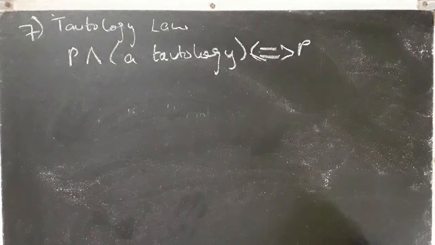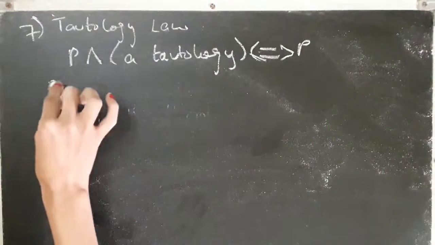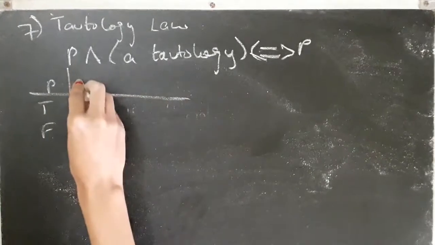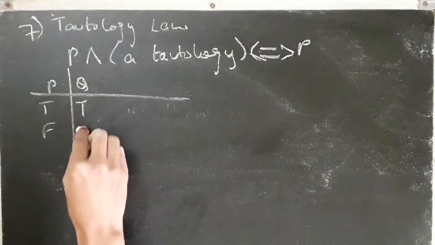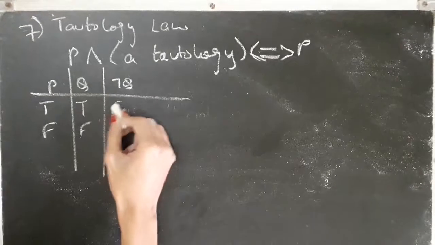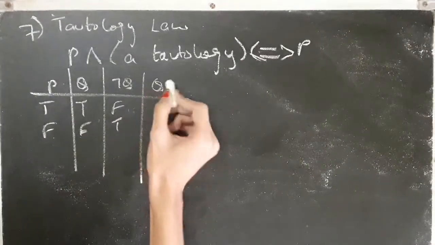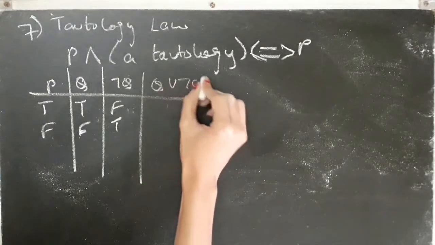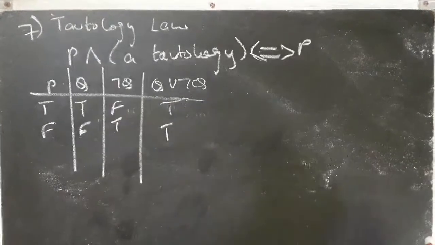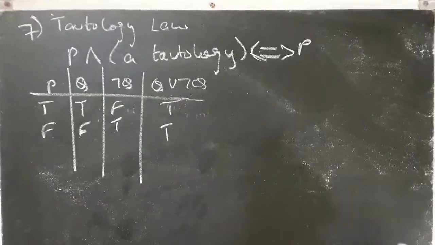Let us consider an example. Suppose we have a statement P which is true or false, and we have another statement Q which is again true or false. What is negation of Q? F, T. Now, what is Q or not Q? It is always true. Thus, Q or not Q is a tautology.